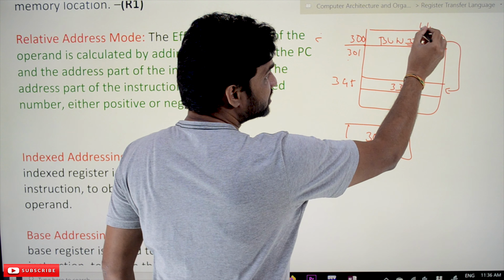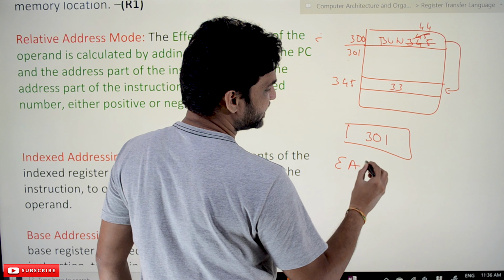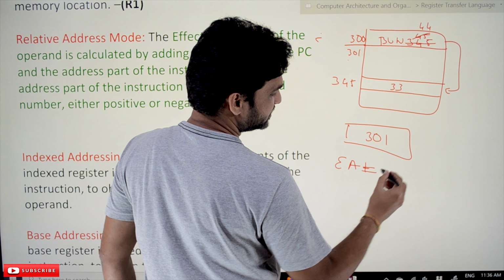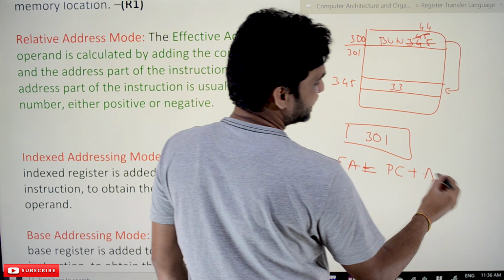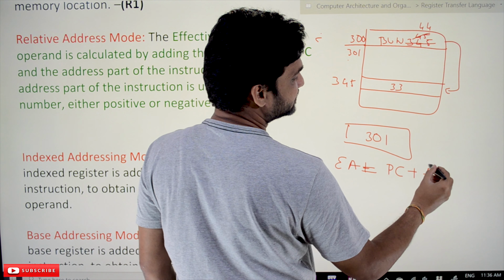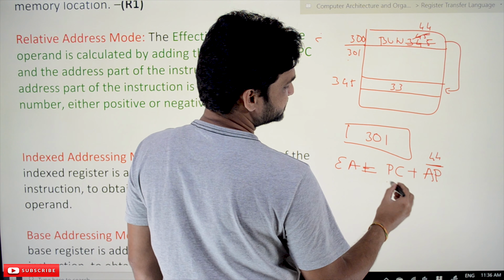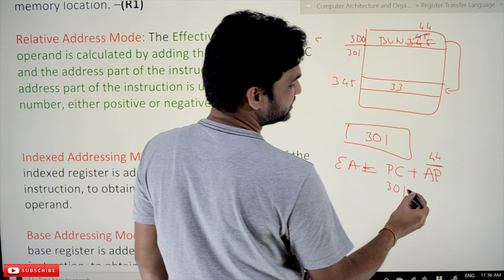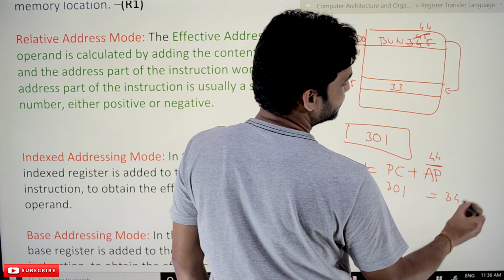So this branch unconditional has to be done to 345. In order to make that happen, the effective address is obtained by PC plus address part. The address part has 44 and the PC has 301. So 301 plus 44 gives the address 345.